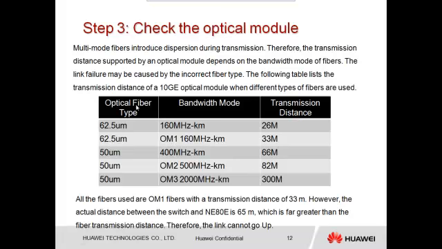We can see the optical fiber types, the bandwidth mode, and the transmission distance. All the fibers used are OM1 fibers with a transmission distance of 33 meters. However, the actual distance between the switch and NE80E is 65 meters, which is far greater than the fiber transmission distance. Therefore, the link cannot come up.